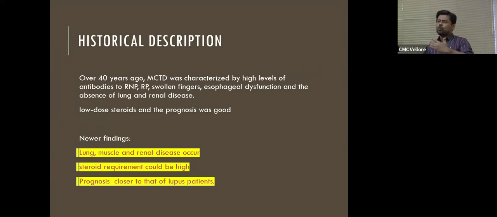However, over the last 40 years, we have found that not all MCTDs are mild. Actually, a lot of them have lung involvement, muscle involvement, renal involvement, and the steroid requirement actually is quite high in almost half of these patients. And they would require immunosuppressions, and their prognosis is somewhat closer to lupus than initially thought of.